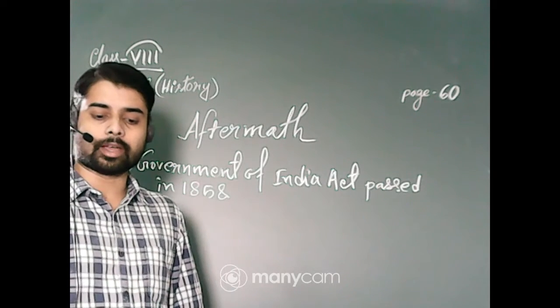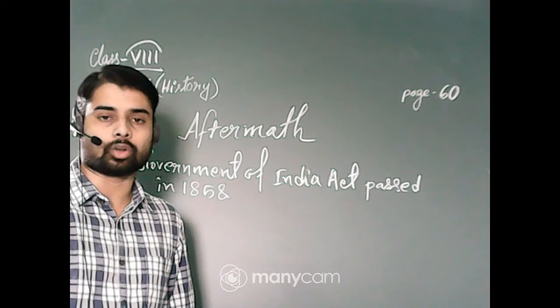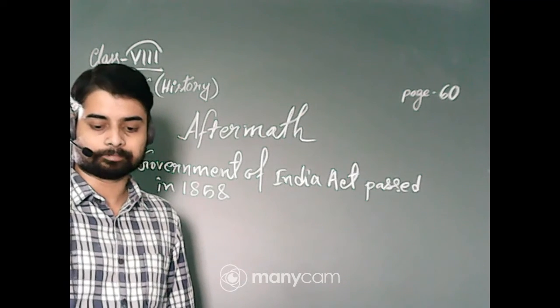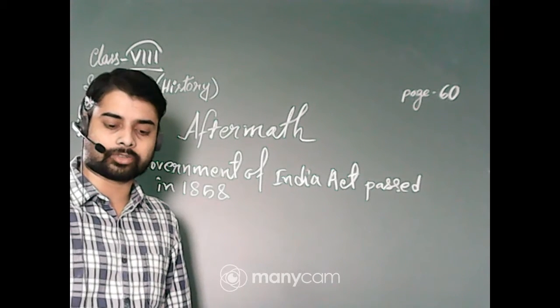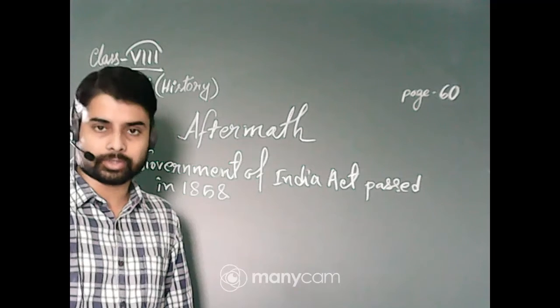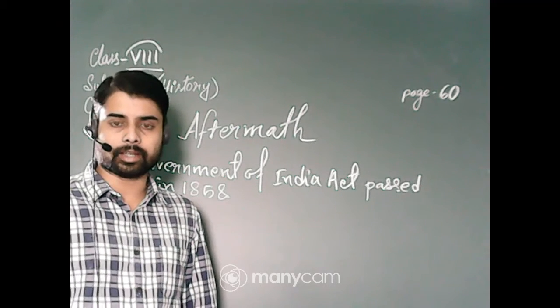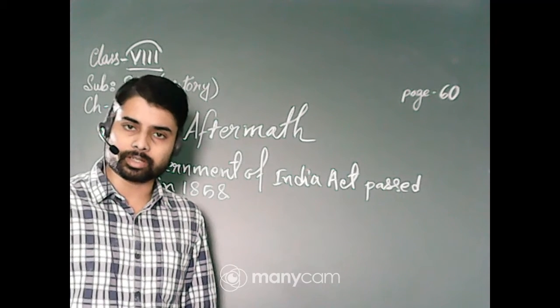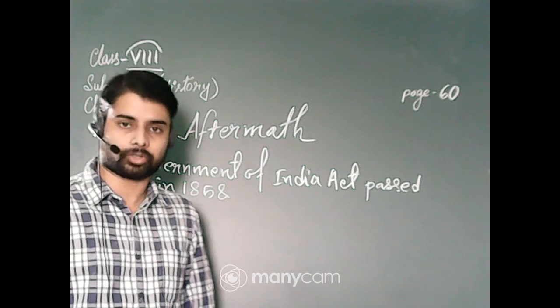This is called the Proclamation of Queen Victoria, on 1st November 1858. The post of Governor General was now named Viceroy, and the Viceroy was responsible for ruling the Indian Empire as a representative of the British Crown, or of Queen Victoria.